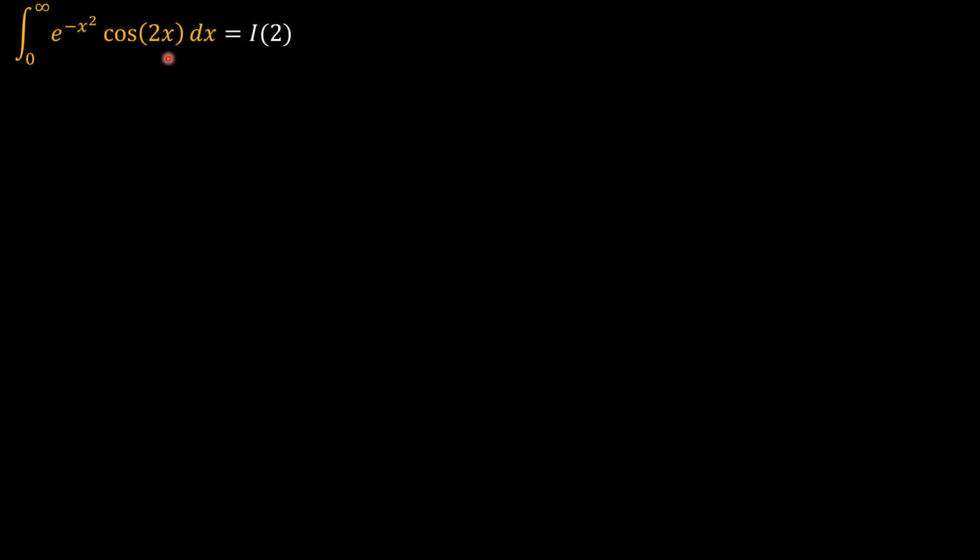For this integral, we would choose this 2 to be the parameter, such that I of 2 is our integral in question, but a more general integral would take another parameter such as beta. But let's first look at what the Leibniz integral rule is all about.